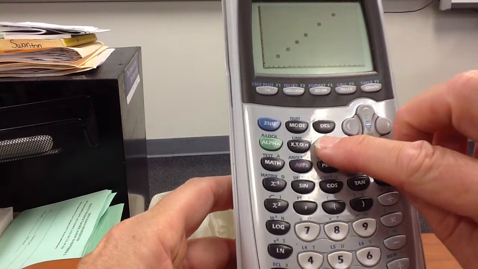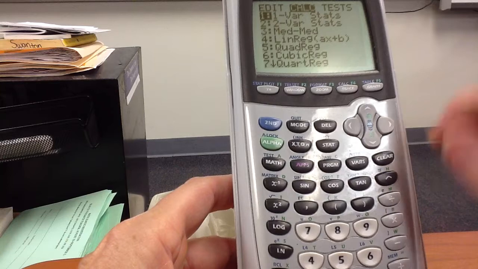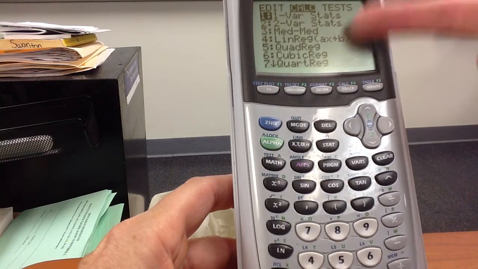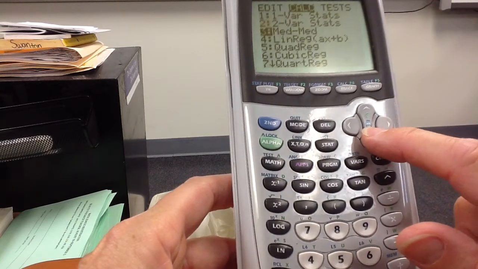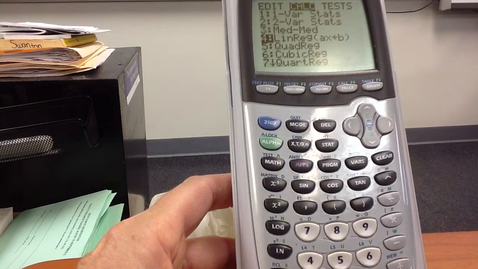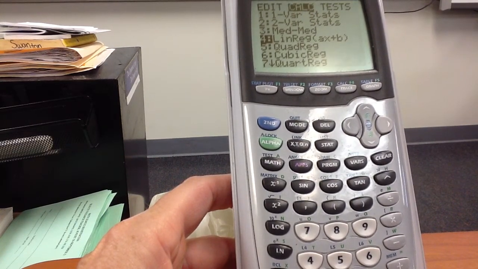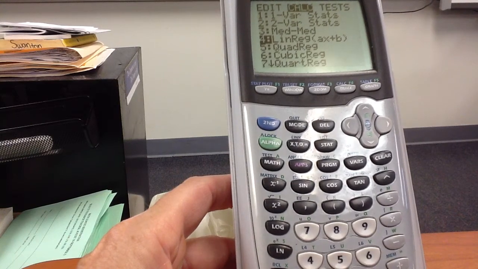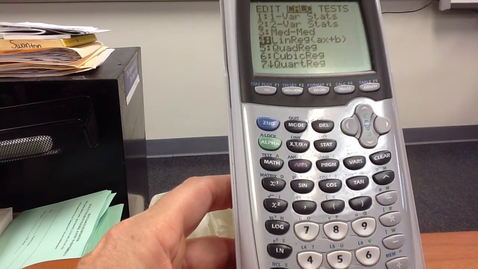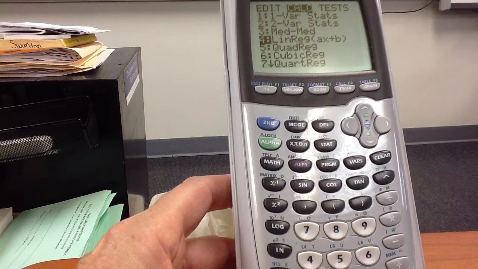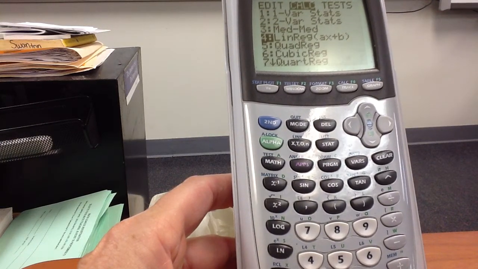Okay, so we'll go back to Stat, over to Calc, and then we're going to go down and choose the linear regression model. Now notice, right under linear regression is quadratic regression. If when you graph your picture, it has a parabola shape, then you know you're probably looking for a quadratic regression.